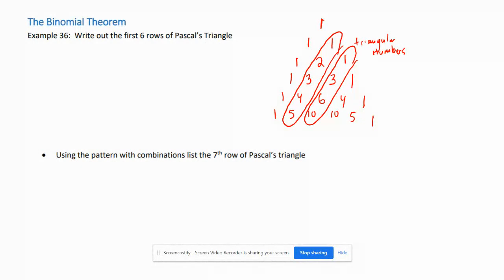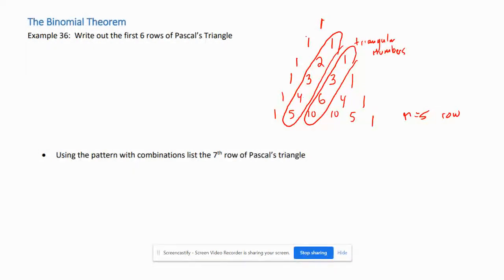So here's the pattern that we're going to be looking at. If you look at this row over here, we tend to call this the n equals 5 row. That's coming from 1, 2, 3, 4, 5. So there's the n equals 1 row, the n equals 2 row, the 3 row, the 4 row, the n equals 5 row. Now what you see here is actually the n equals 0 row. So we're starting at n equals 0.